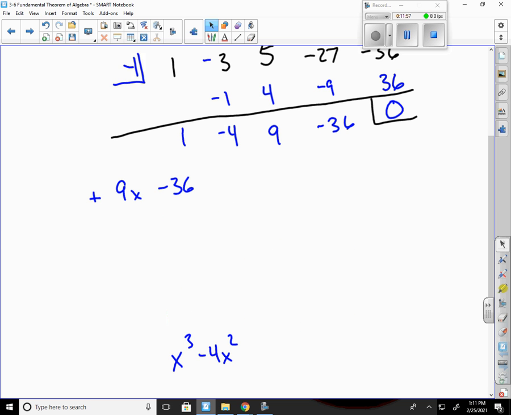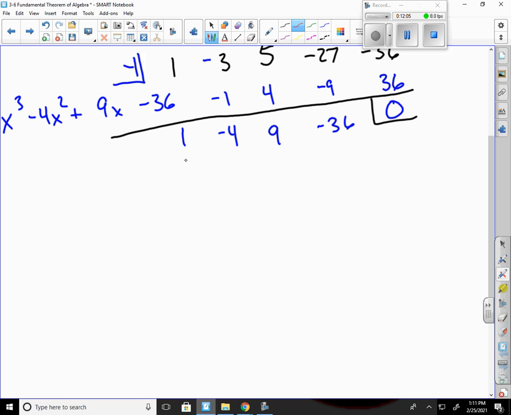So I could start with synthetic division here as well and just go from here. We know that it's a positive 4, so 4 would be my next one, and we'd bring this down. Bring down the 1. 4 times 1 is 4. -4 plus 4 is 0.